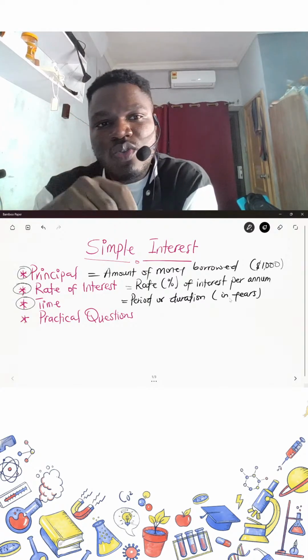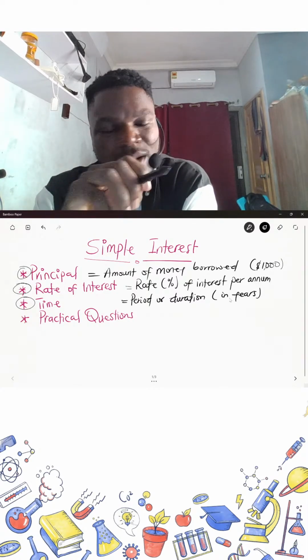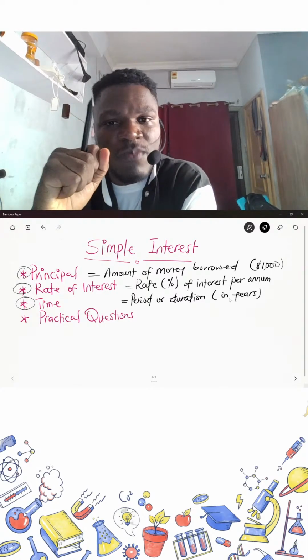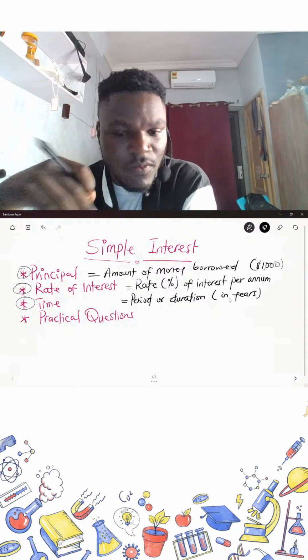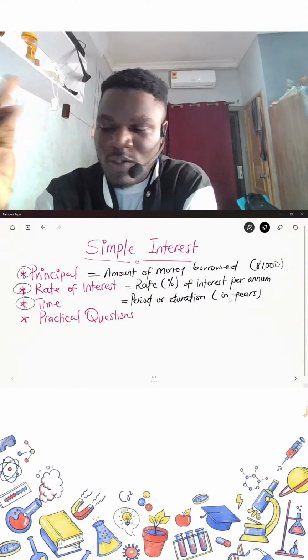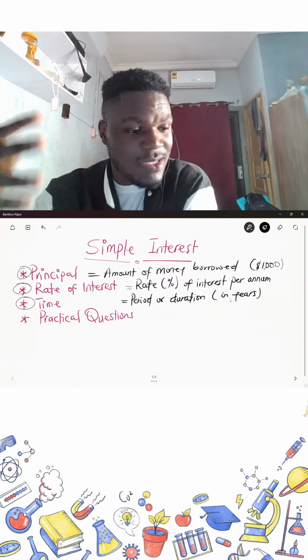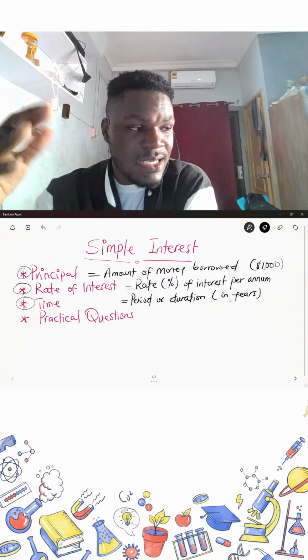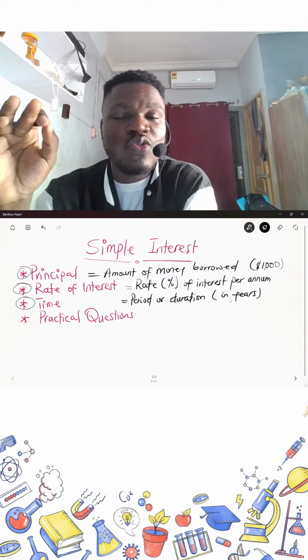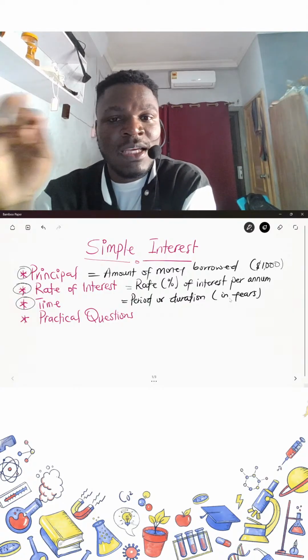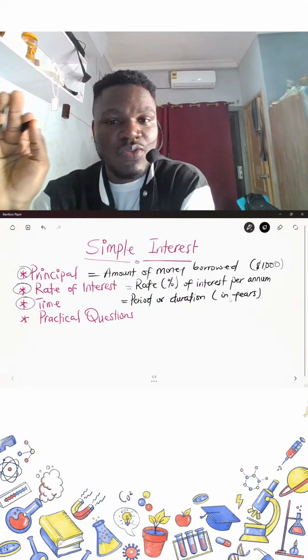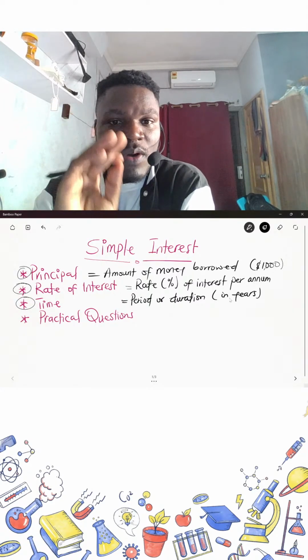So now, once you know what the principal is, that is the amount of money you've borrowed from the organization for you to run your business, to pay your school fees, to invest in your business or as capital to start a business or whatever, there will be certain conditions given to you before you borrow that money.